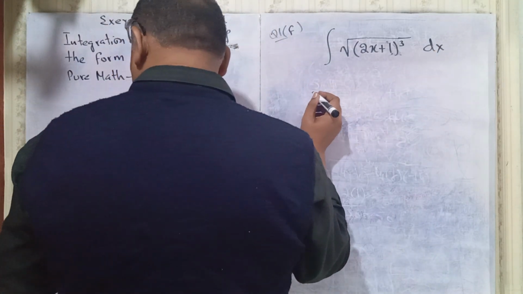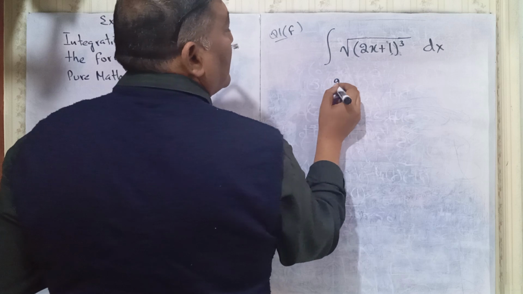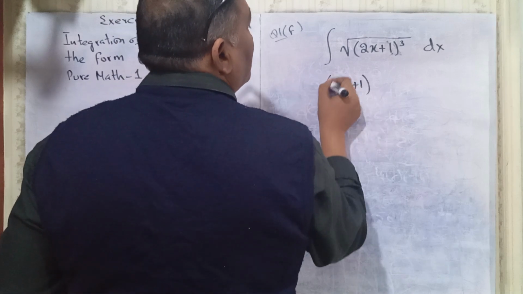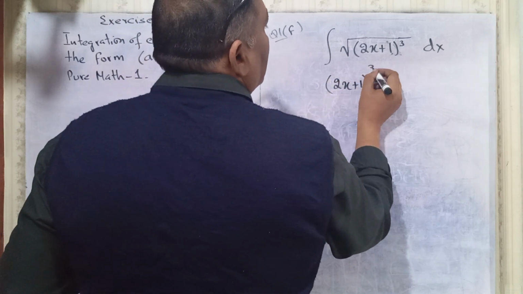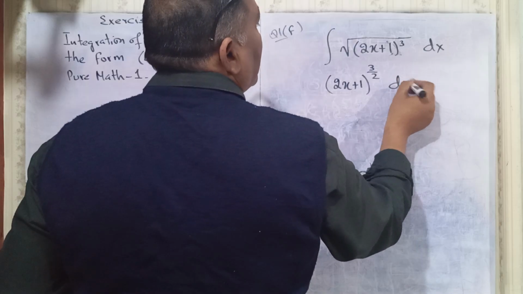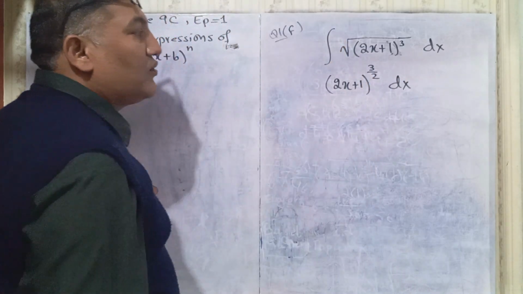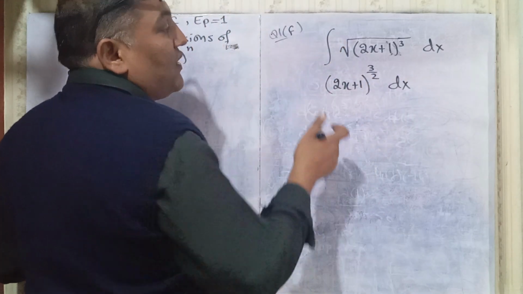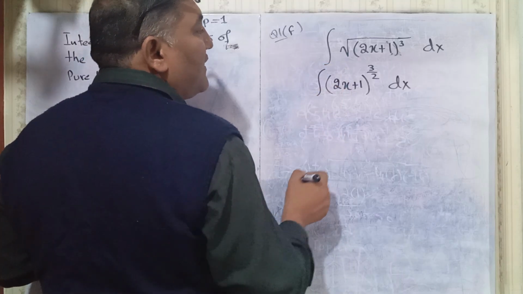So this is basically (2x plus 1) raised to power 3 by 2, d of x. The square root means raised to power 1 by 2. So we have to integrate it.